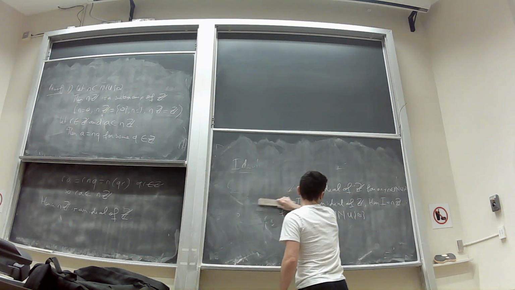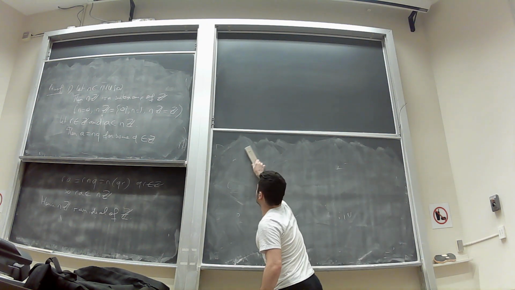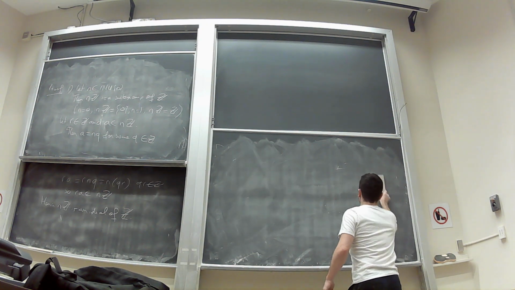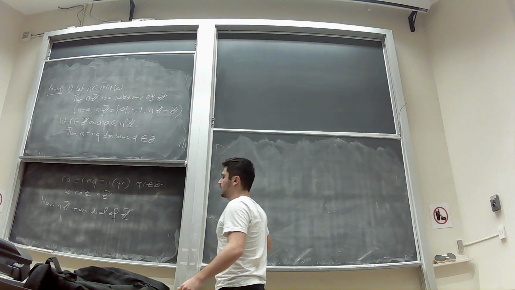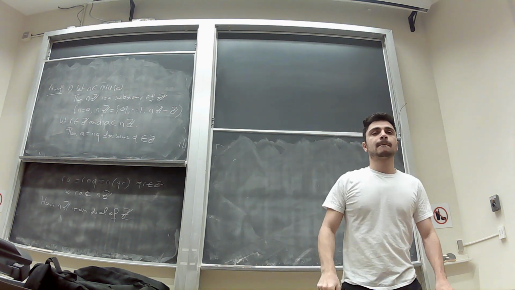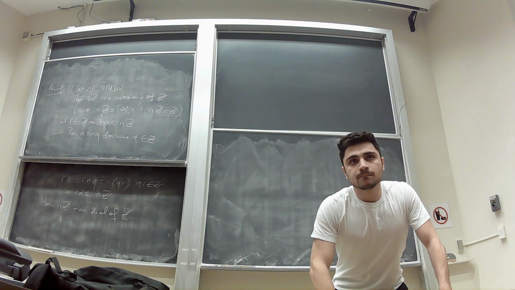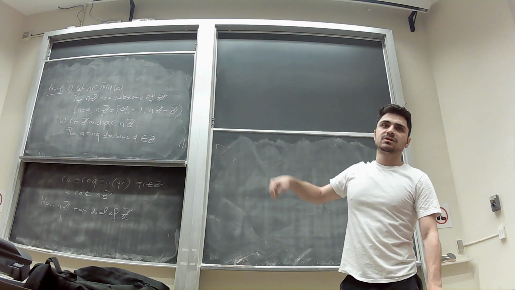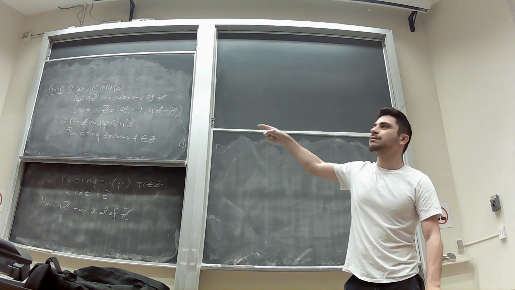Now the second claim, that if I is an ideal, then I is equal to nZ for some n in N union 0. Why do we look only at n equals 0 and n equals 1? Those are just examples, the trivial ones.